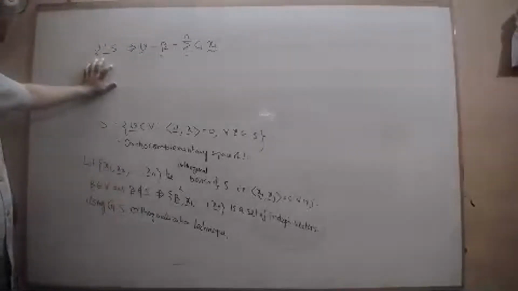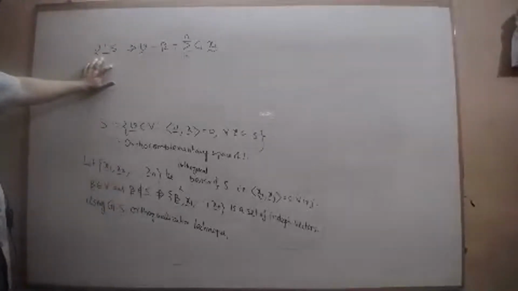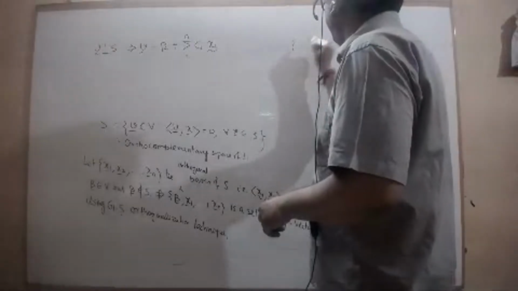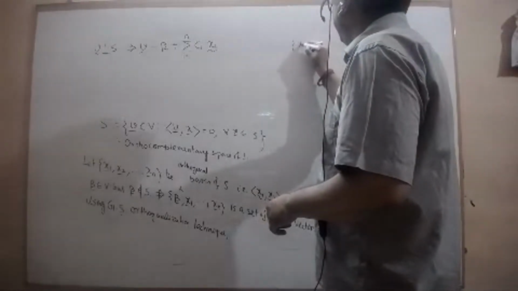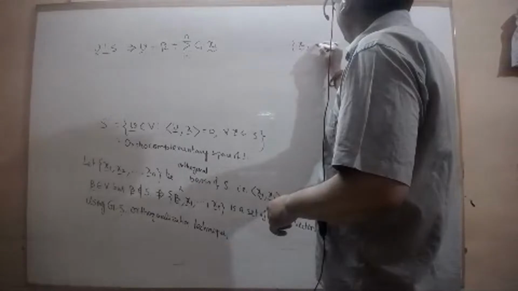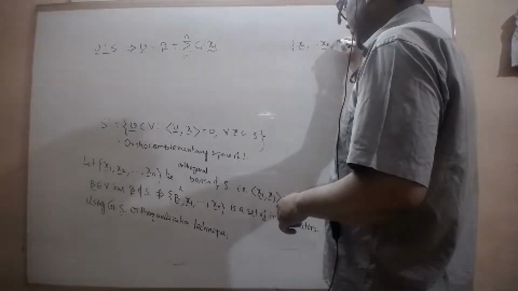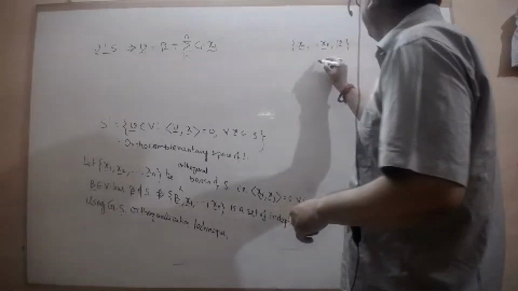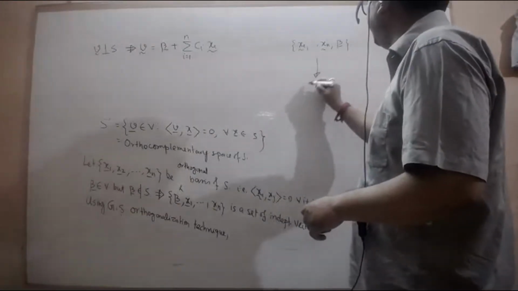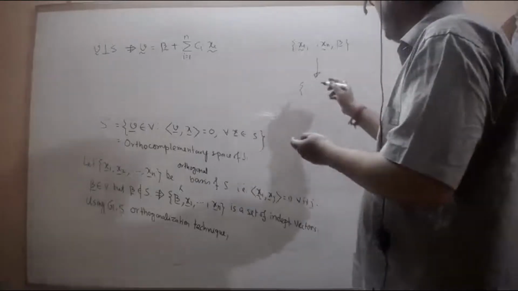Now, what is the Gram-Schmidt technique? Suppose you have a set of independent vectors, extended by beta curve. Then the Gram-Schmidt technique gives you a set of orthogonal vectors.